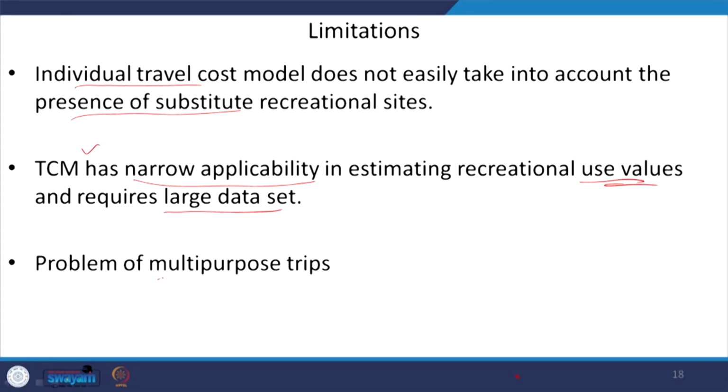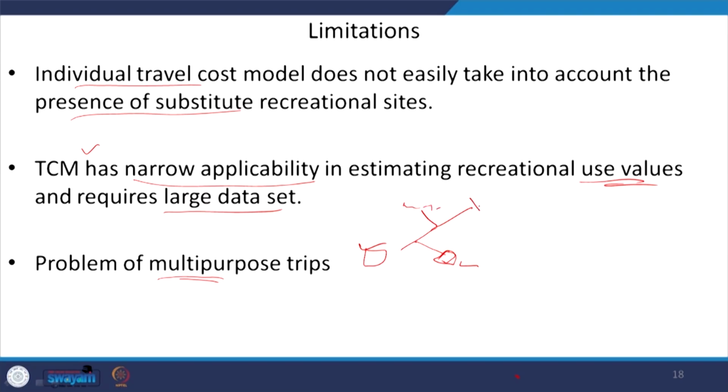So, what are multi-purpose trips? Suppose you are visiting this national park, and during the same trip you also meet your friend, whom you had already planned to meet, or you also plan to attend a marriage function of your cousin, right.